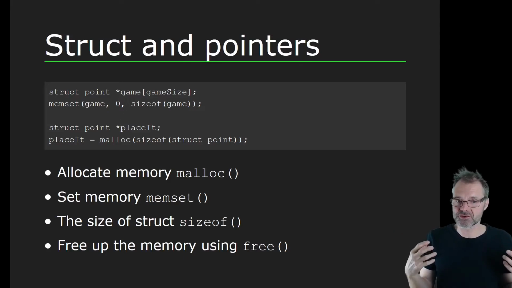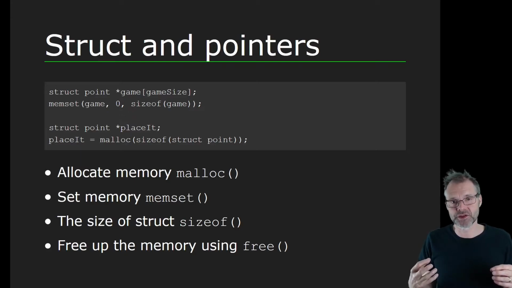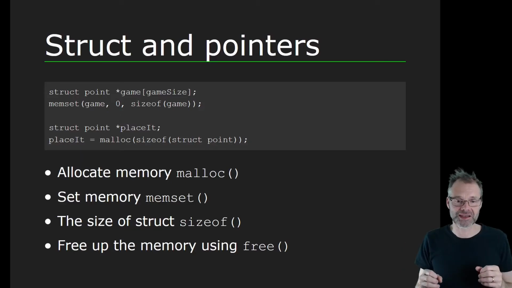This is used to deallocate or free up the memory that we have previously allocated with malloc. So all the memory that we are allocating on the heap should also be freed up. There is no automatic garbage collection in C that does that for us. So we need to free the memory.